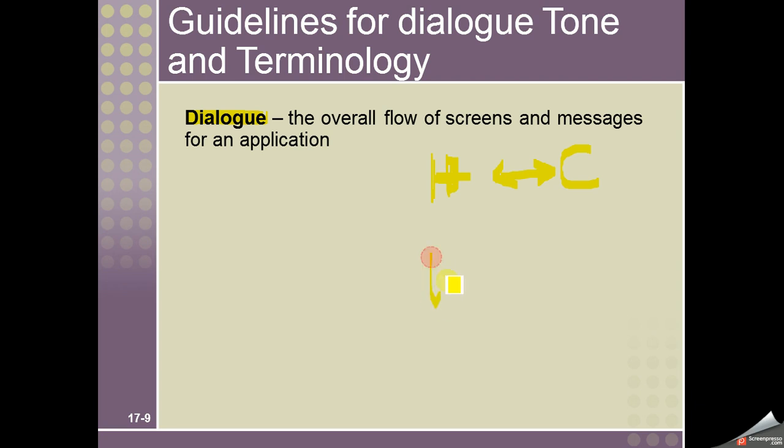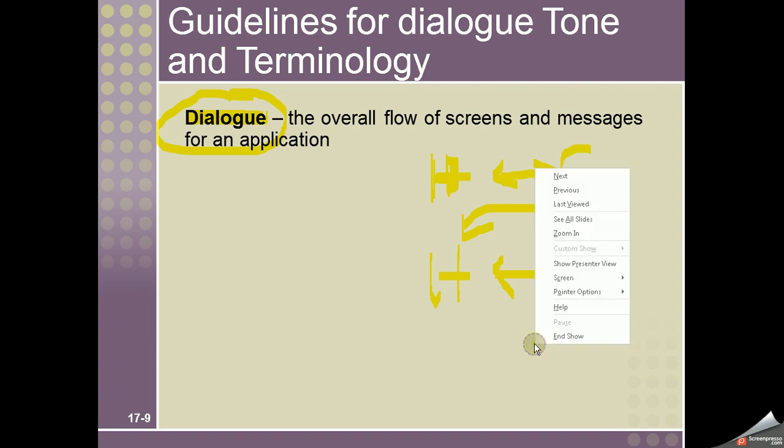Just like human to human, when two people talk to each other, it is a dialogue. We follow certain guidelines. We speak the same language. A person speaks the same language as the other understands. We always try to be polite. We try to convey a clear message to the person, and we do not insult people, right? So there are many guidelines that we follow whenever we have a dialogue with each other.